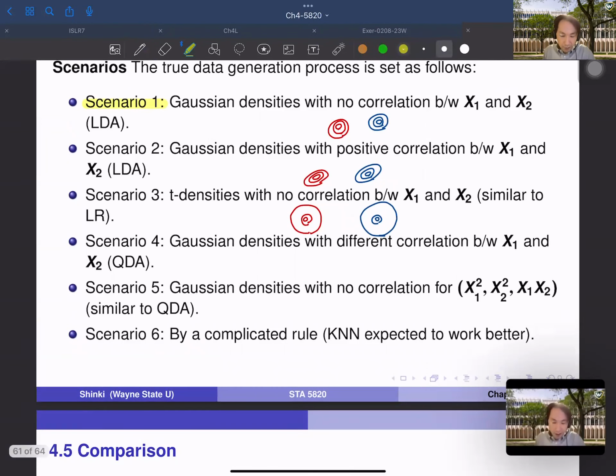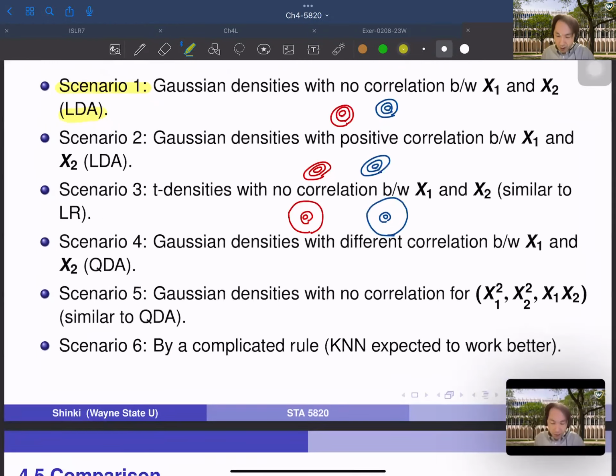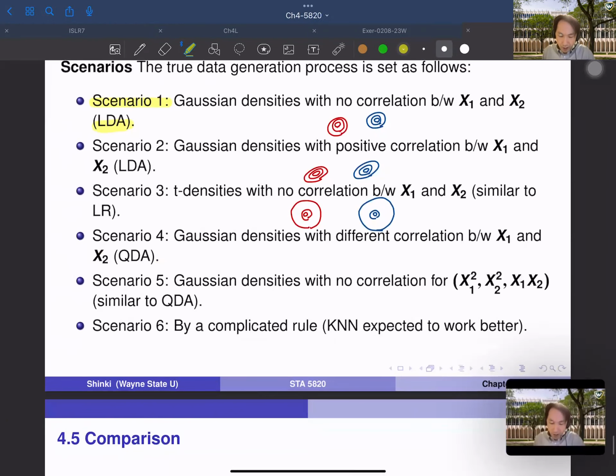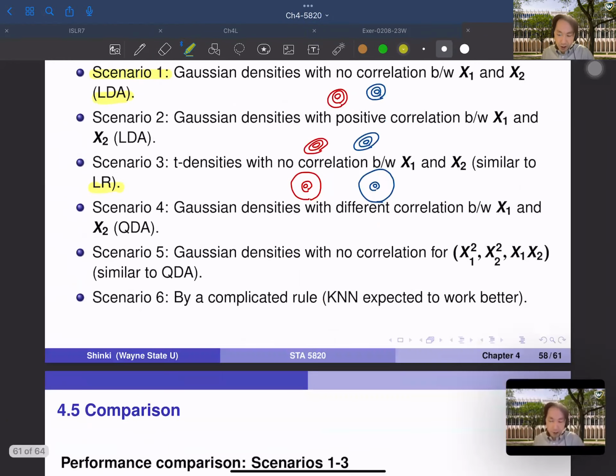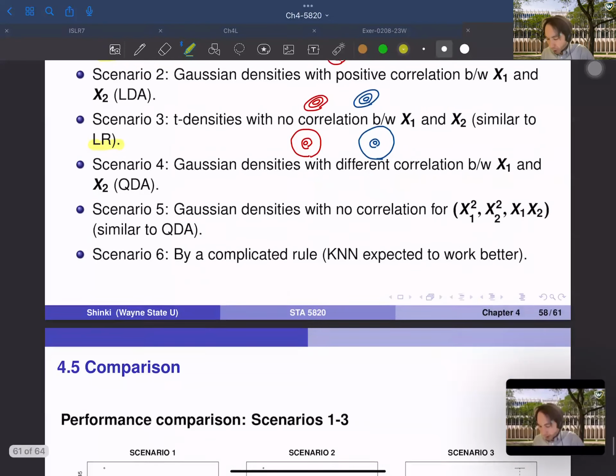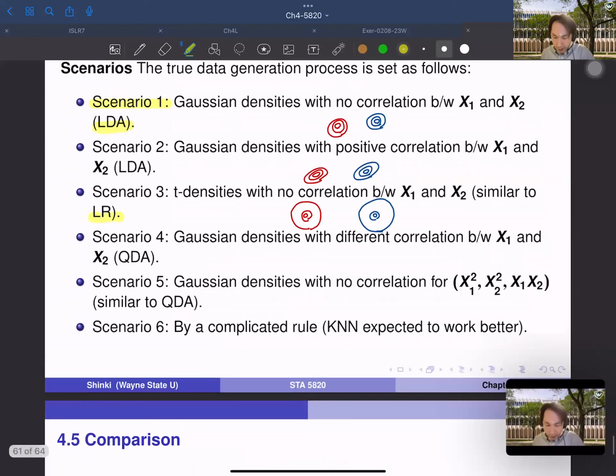Scenario 1 is exactly the LDA situation. Scenario 3 is slightly different because it's not Gaussian and it has a heavier tail, and probably logistic regression works better, because it is more robust against outliers, or larger noise.